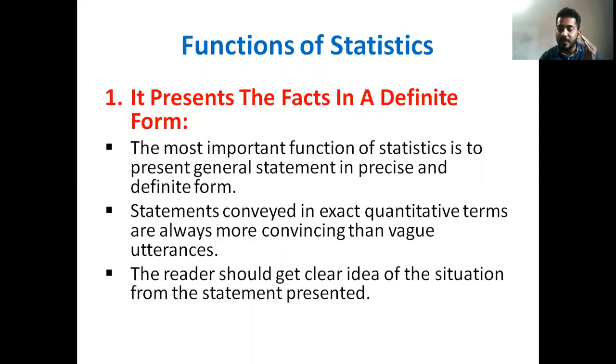That is why it is necessary to present statistical facts in definite form. Here definite form means in quantitative terms, by using numbers. Whenever you present the data, you have to present it by using numbers. That is what definite form is.